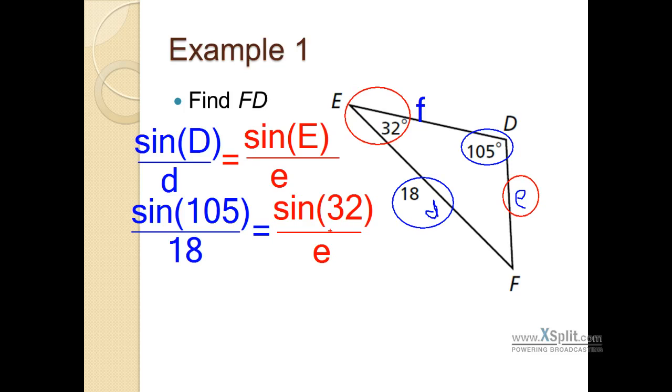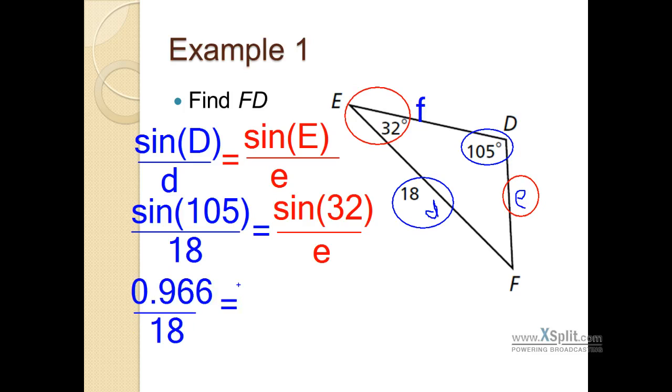I'm going to go ahead and plug these values into my calculator now. Typing in sine of 105, I end up getting 0.966 or so. So 0.966 over 18 is going to be equal to sine of 32.